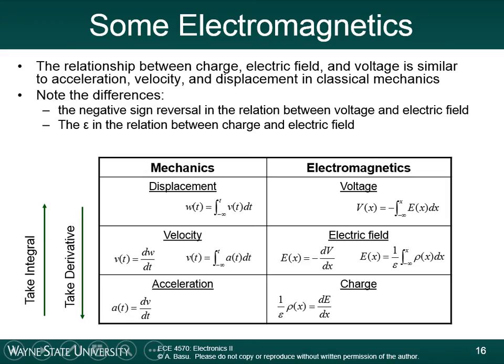So if we have acceleration and we want to go in the opposite direction, let's say we want to figure out velocity, the opposite of taking a derivative is taking an integral. So the velocity is going to be equal to the integral of acceleration with respect to time.